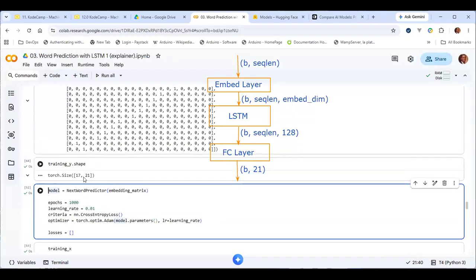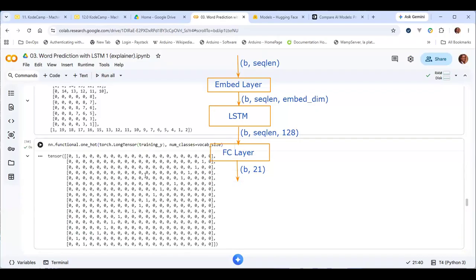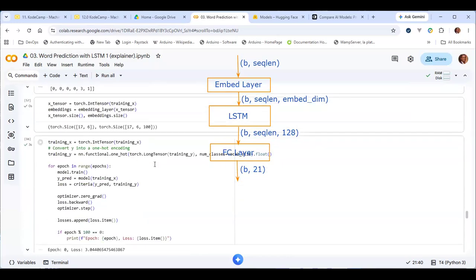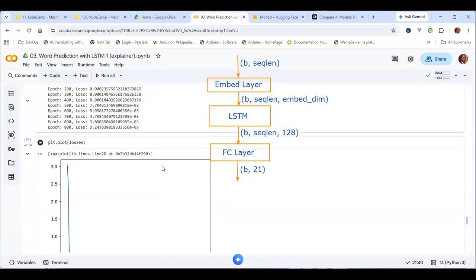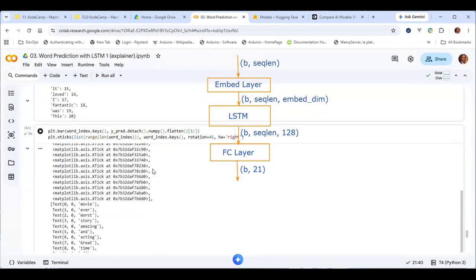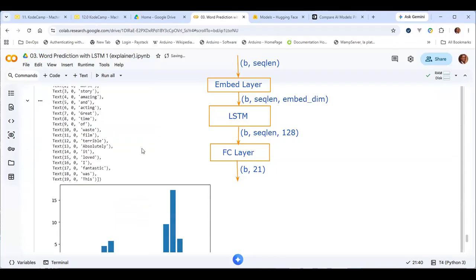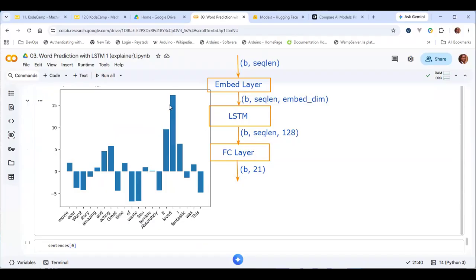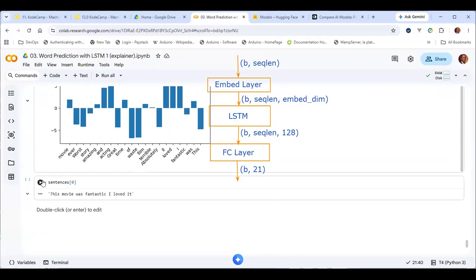Okay, so it's 17 by 21. I think my graph may have been wrong, but this is telling me that the actual word being predicted that has the highest probability is loved, which should be correct, right? So that's how you do next word prediction.